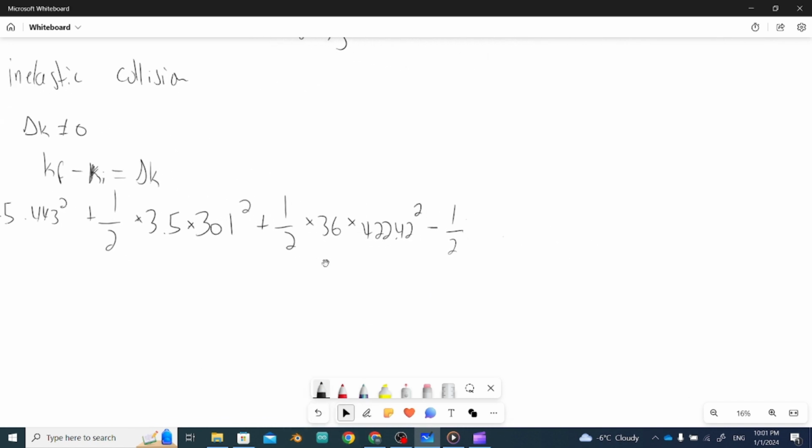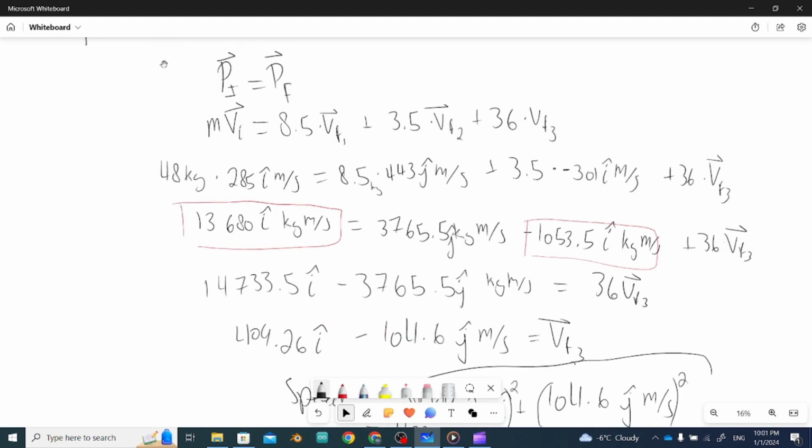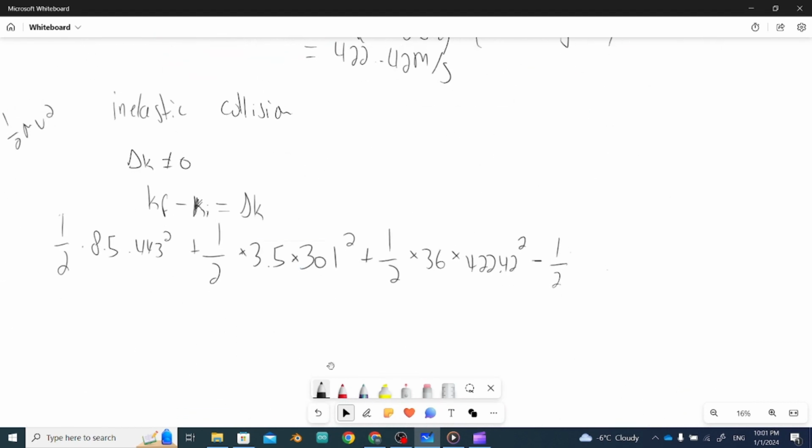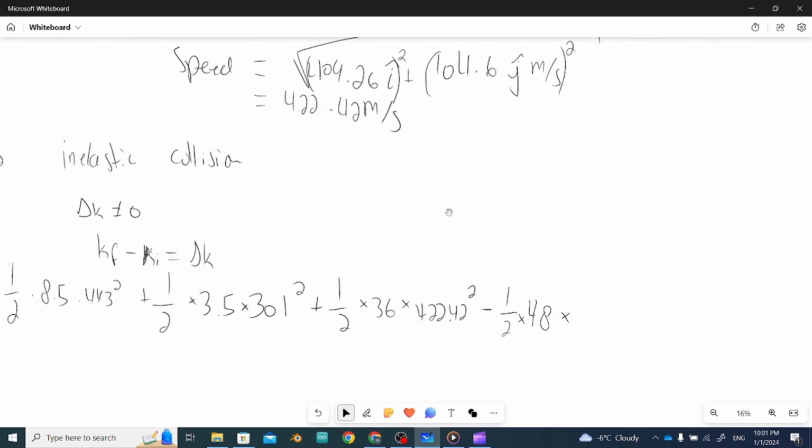1/2 times, what was the initial? I believe the initial mass was 48 kilos, okay? So 1/2 times 48 times the initial speed, which was 285, times 285 squared.